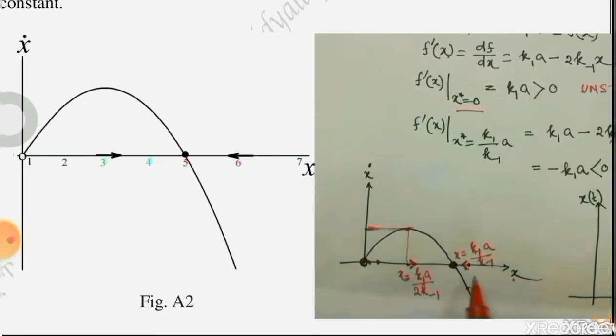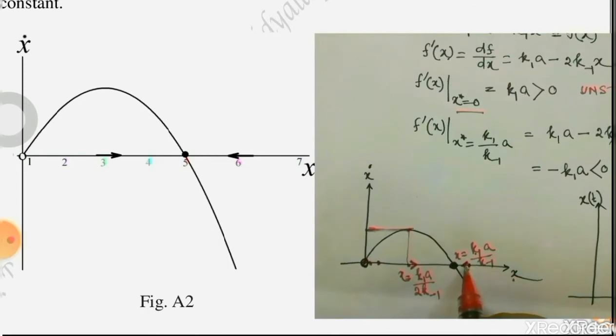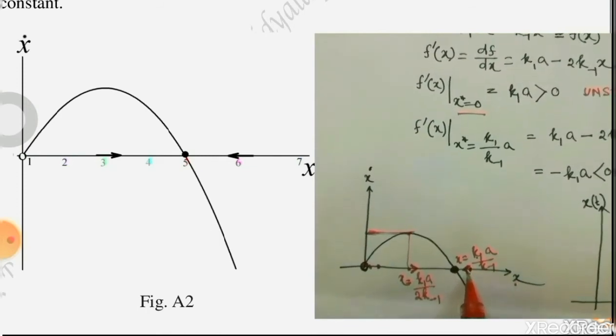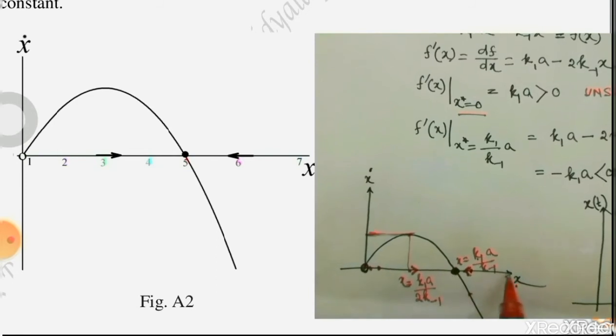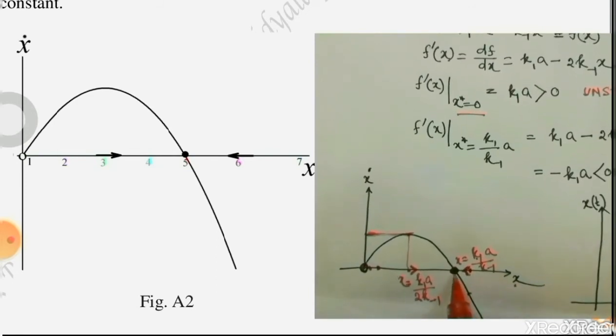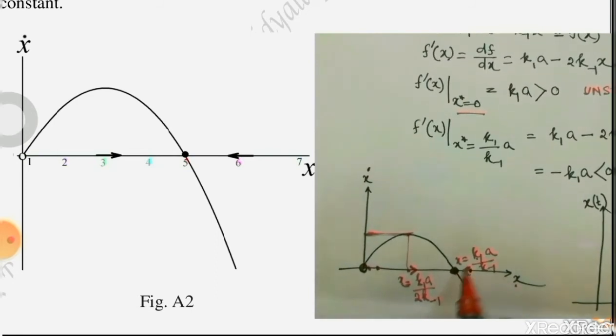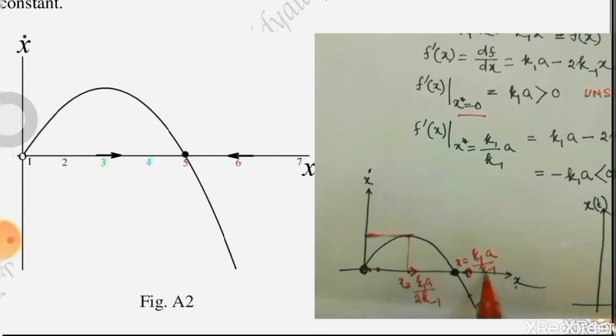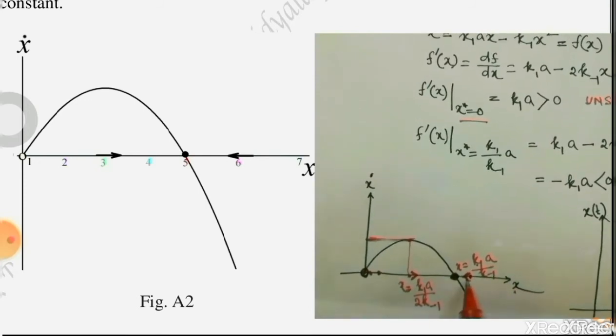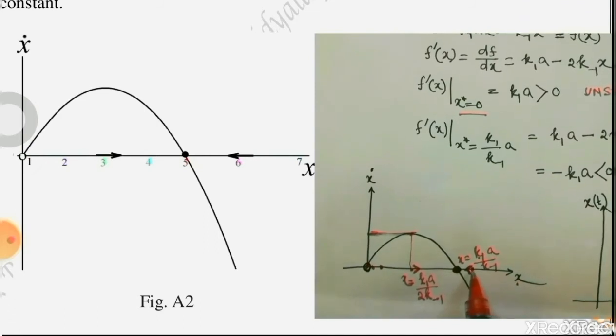You can see the flow is towards the left for this part, that is after the value of x equal to k1a by k minus 1, the flow is towards the left.